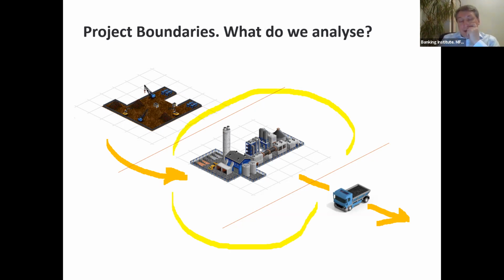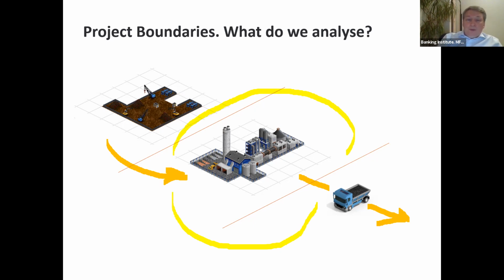For our model here, we will simplify this project. We will imagine that we buy our raw materials. Not always the case, right? Actually, in most cases, we don't buy raw materials for a cement plant.